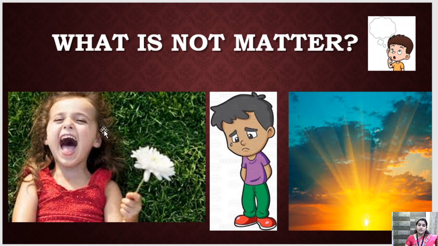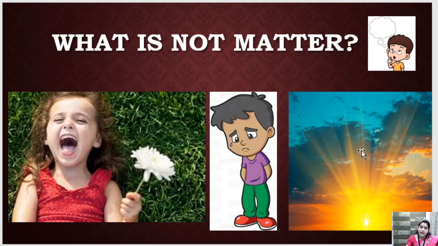So the feeling of happiness, the feeling of sadness is not matter. The feelings that you are having inside, the anger, the sadness, the love, the anxiety, any feeling that you have inside is not matter. That is not occupying some space. That is not having some mass. So it is not matter.